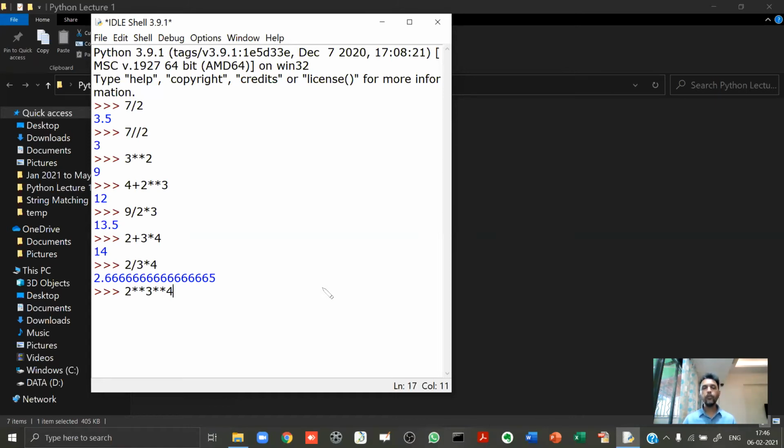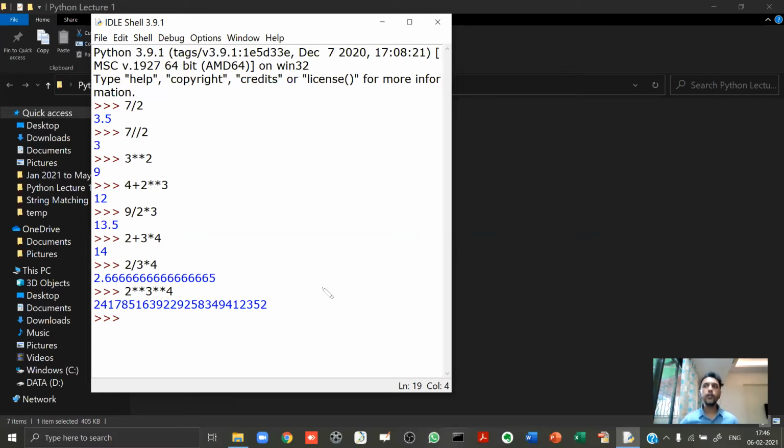Now, over here, what will be done first? 2 raised to 3 or 3 raised to 4? The answer is 3 raised to 4 will be done first. So what is 3 raised to 4? It is 81. So 3 raised to 4 will be 81, which will be done first. All right. And after that, we'll have 2 raised to 81. So which will give you a very, very large number like this. Okay. So I hope you understood how all this works.